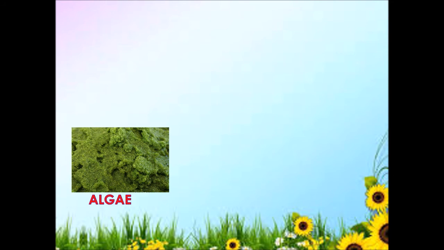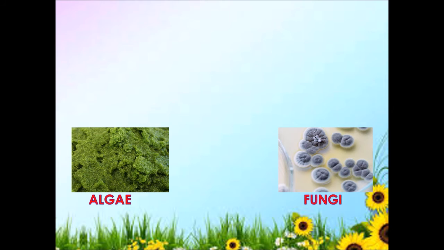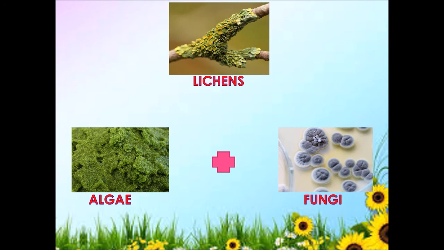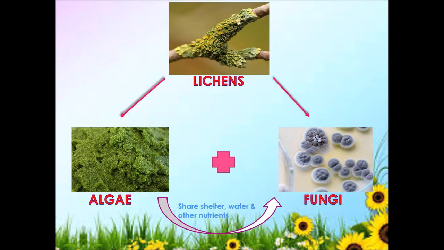Another example of symbiosis is algae and fungi, which together give lichens. Algae share shelter, water and other nutrients with fungi, and fungi in return offer food prepared by photosynthesis.